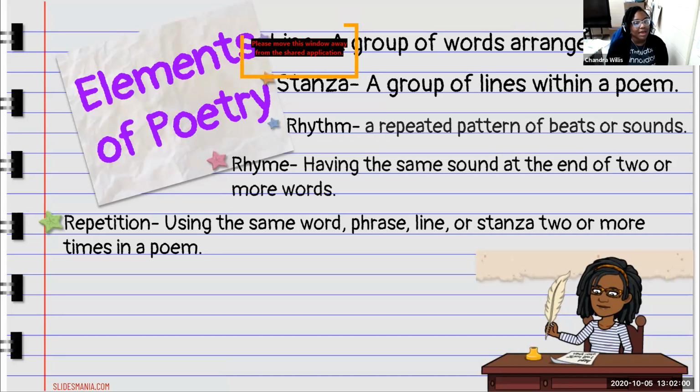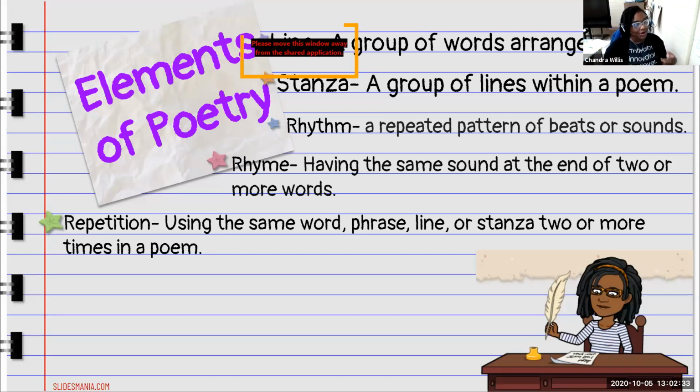Then we have rhythm and rhyme. Rhythm is like when you have a beat, right? You say the poem with a beat. That's rhythm. And then rhyme is when you have two or more words that sound the same. They have the same sound at the end of the word. So like hat and cat, or right and fight, or dog and frog.